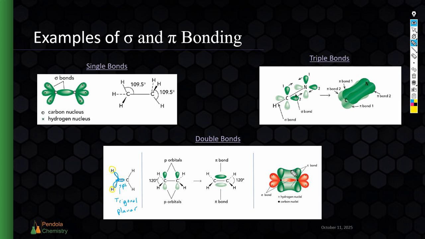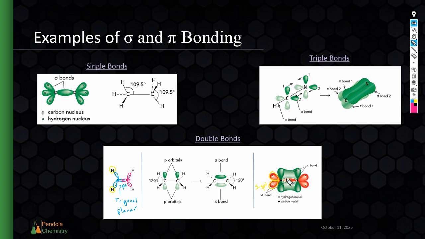So the red bonds right here are made out of the overlap of an s orbital with an sp2 orbital. The middle bond right here, because both of these carbons have sp2 hybridization, is going to be made out of the sp2 hybrid orbitals overlapping.